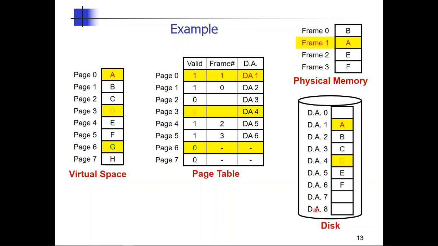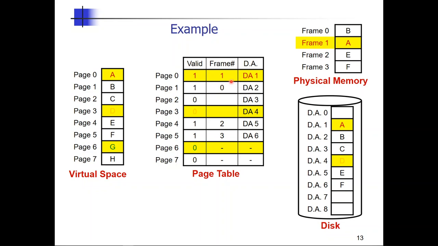DA stands for disk area, and there are 8 pages in the virtual space, marked A through H. All those 8 pages have a corresponding entry in the page table. Some of the valid bits are set, and some of them are off, or 0.